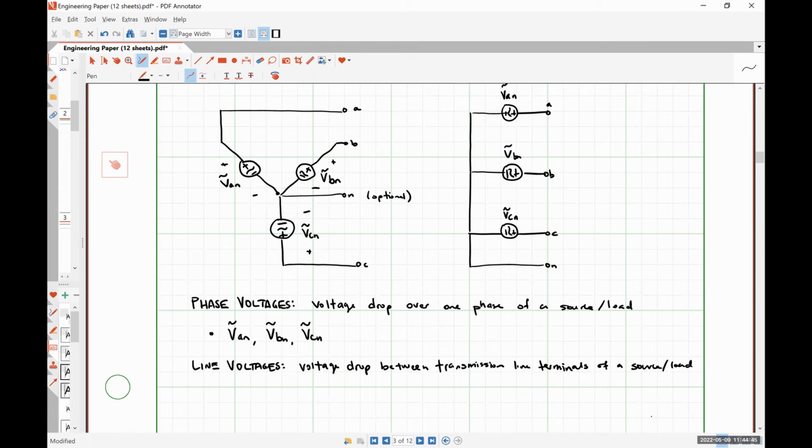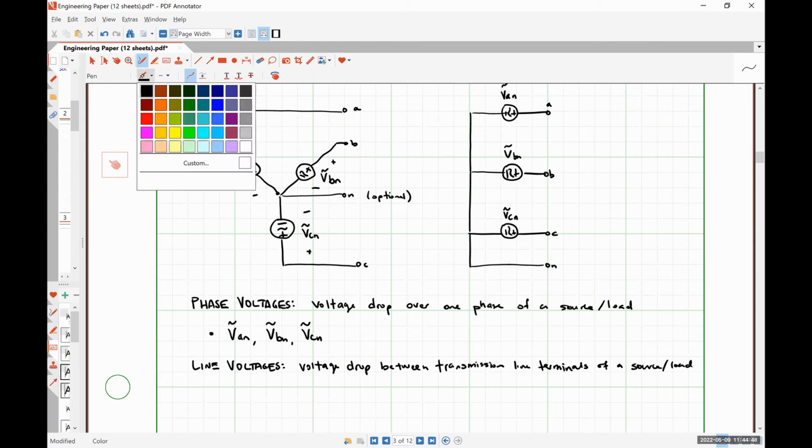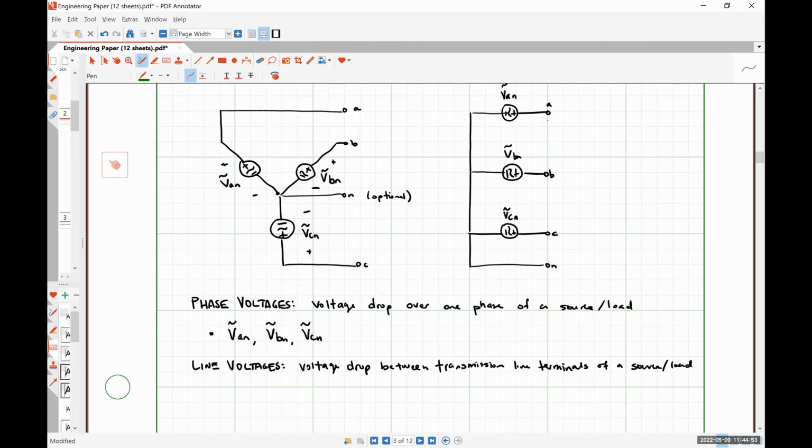I'm going to represent our line voltages in green. Here's one line voltage, VAB. Here's another line voltage, VBC. And our third line voltage is typically measured from C to A, VCA, like so. We could draw these on our other diagram as well.